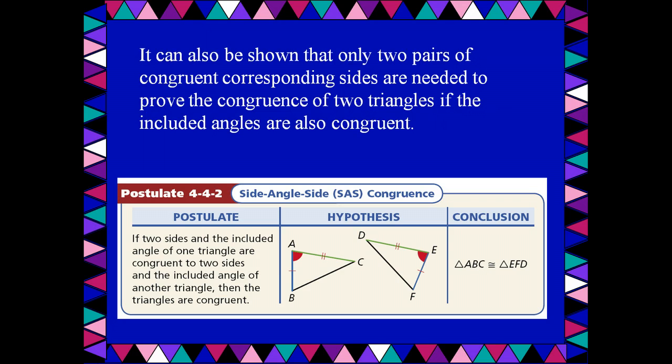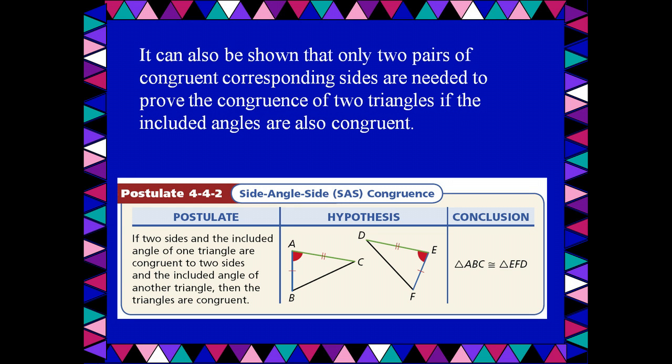Postulate 4-4-2, the side, angle, side congruence postulate, states if two sides and the included angle of one triangle are congruent to two sides and the included angle of another triangle, then the triangles are congruent. We see here that AC is congruent to DE, that AB is congruent to EF, and that angle A and angle E are congruent.